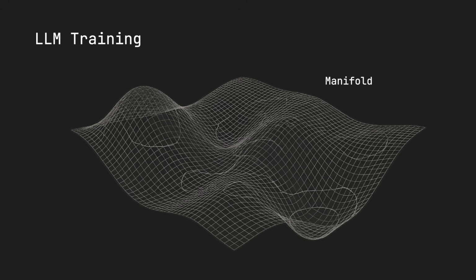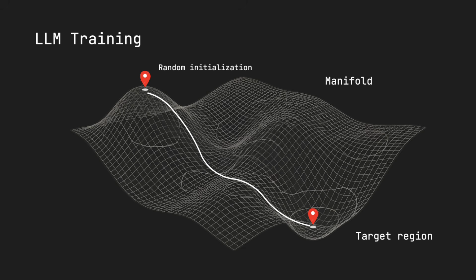The geometry tells you so much about how sensitive or insensitive the parameters are. So you may start at some point with a random initialization of the parameters at the beginning of your training, and then you get to some valley in this manifold, your target region, where you have fully trained your LLM.